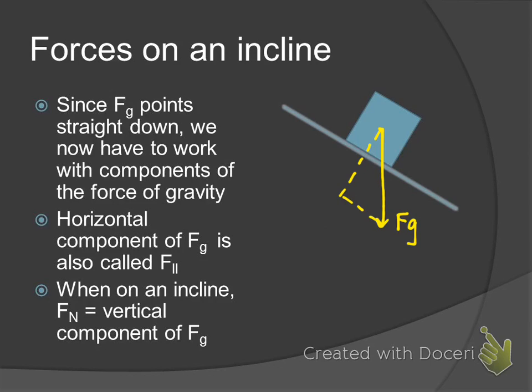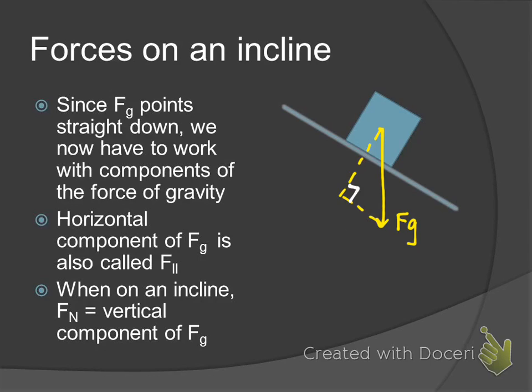Some people have the tendency to make it look like this. That doesn't work, right? We don't want our right angle to be here. We want our right angle to be here on this side. F sub g is always the hypotenuse of this triangle.